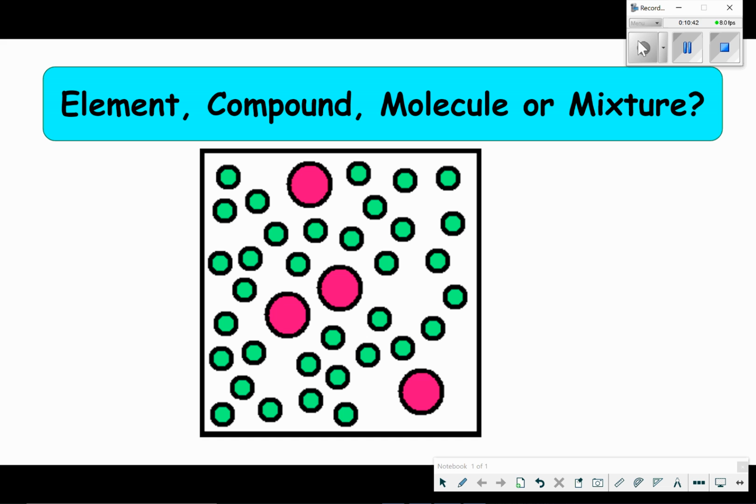The stick represents the bond. There are no bonds here. The same thing goes with molecules. Molecules will have bonds, so this is not a molecule. But this is a mixture. We know it is a mixture because it doesn't have any consistency. You've got red ones and you've got green ones, and they're all over the place.